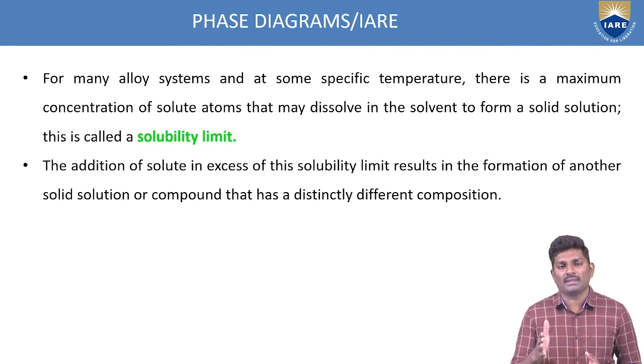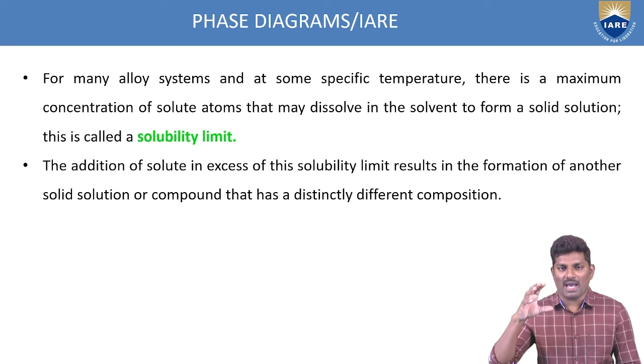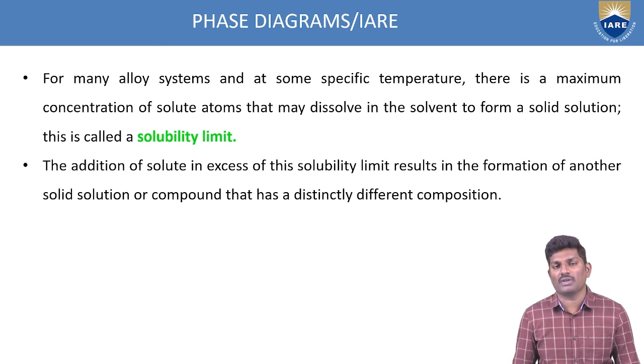The point at which you can keep adding, but there is no dissolution of the sugar into the water, is called the solubility limit. That is the maximum limit up to which sugar, or any metal, can be dissolved into the water or the liquid. Initially, at the starting point, the sugar is dissolved.